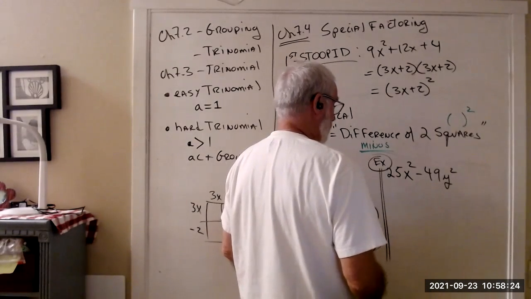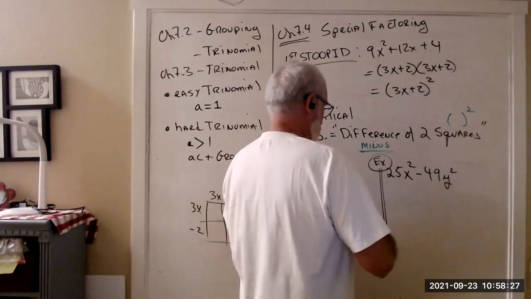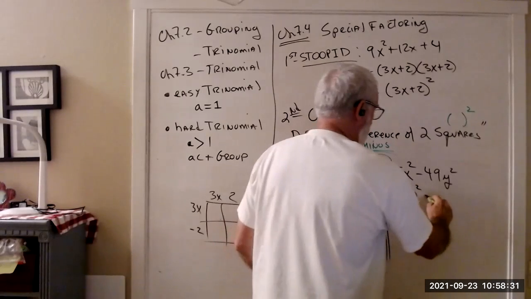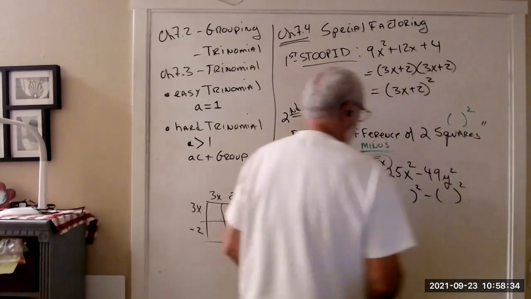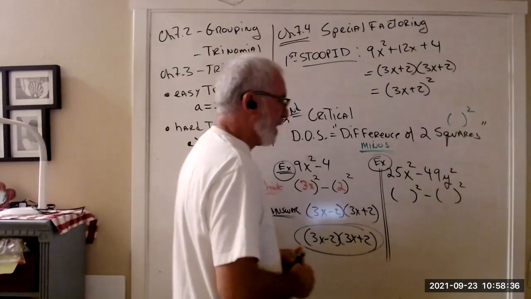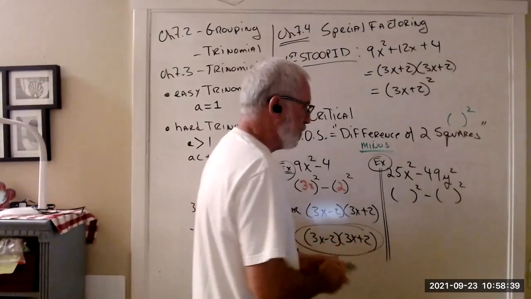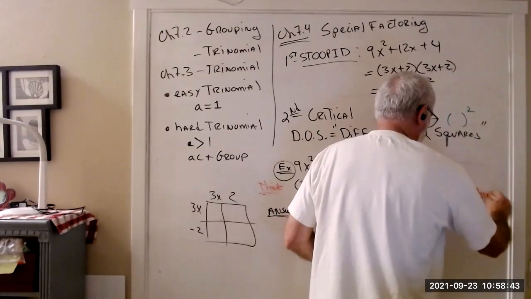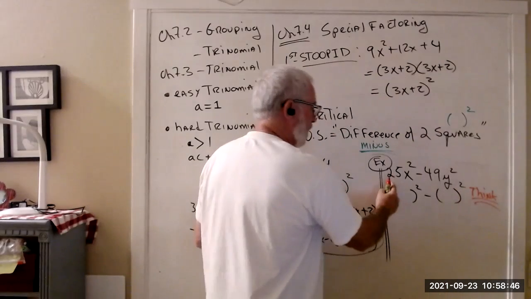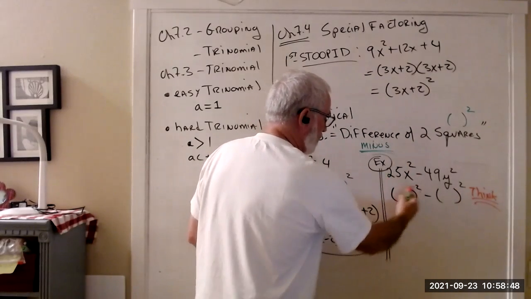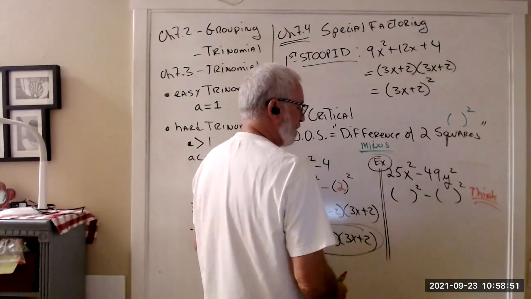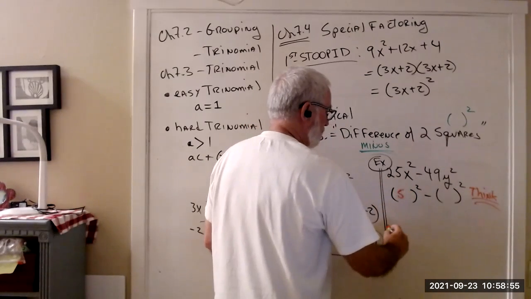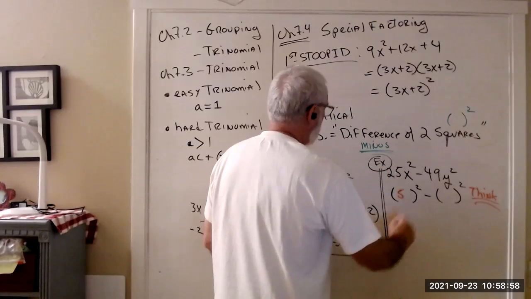I scared you to death, huh? All right. You want to write this as somebody squared minus somebody squared. Again, this is your think step. When I say think, that means literally you can think it. You don't have to write it. But 25x squared, what would go in here as a quantity squared? 5x.